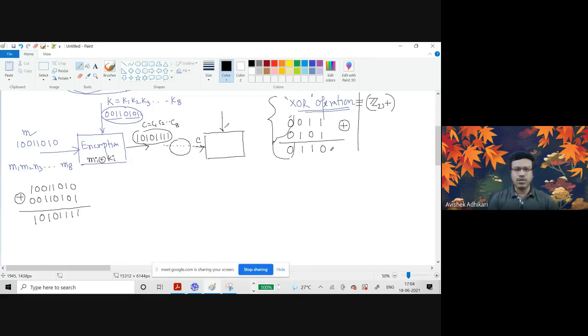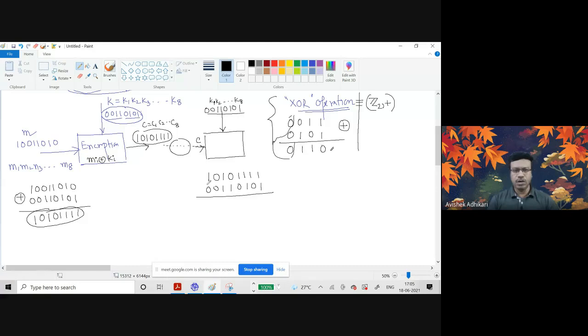So here we are also going to use the same key. That means we are going to use 00110101 as our key. This is my K1, K2 up to K8. Now this is my ciphertext, 10101111. And what is my key? The key is 00110101.